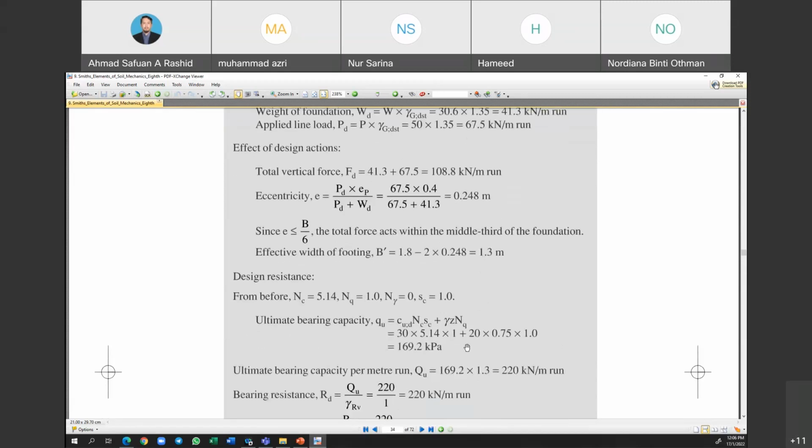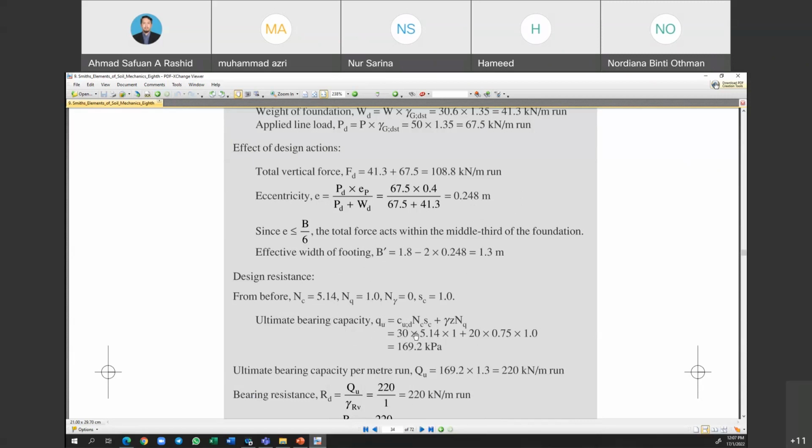Okay, so for the design resistance, NC is equal to 5.14. There will be no difference. Okay, 1.0 and gamma 0. So SC is equal to 1. So the ultimate bearing capacity for this case is equal to 30 times 5.14 times 1 plus 20 times 0.75 times 1.